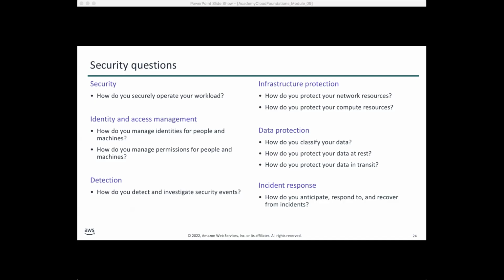Data protection: how do you classify your data as in least sensitive, most sensitive, highly confidential, whatever category you can assign depending on what kind of data you have? How do you protect data at rest using encryption mechanisms? How do you protect your data in transit? You can use cryptographic protocols like TLS, or if you want to implement IPsec, that's fine too.